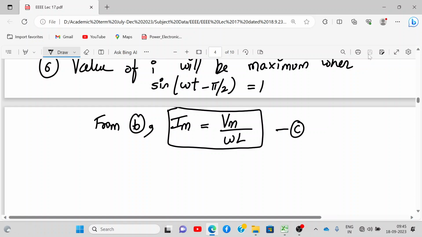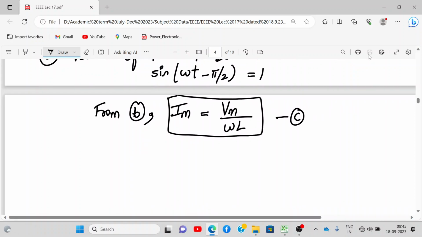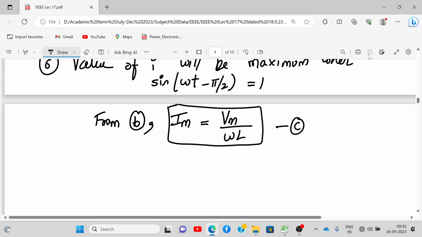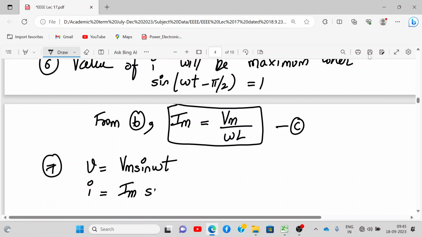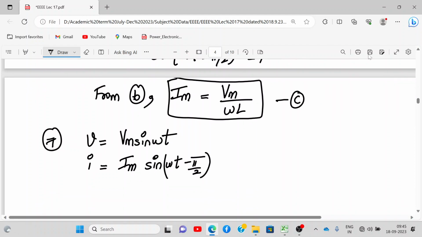Now, let me write the expressions of AC current and AC voltage together and compare them. So, point number 7. V is given by Vm sin omega t, and I is given by Im sin of omega t minus pi by 2. If I compare these two equations, can I say my current lags behind the voltage by 90 degrees? Pi by 2 is 90 degrees, correct?